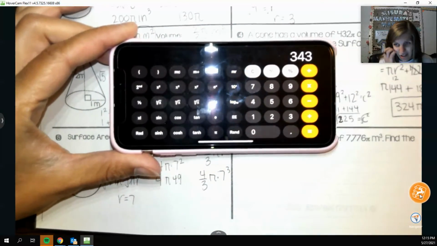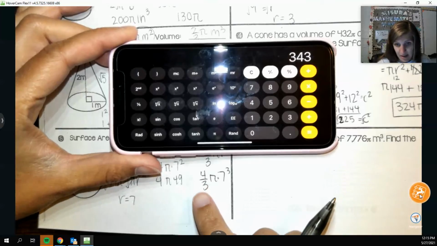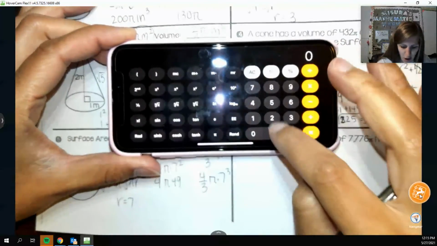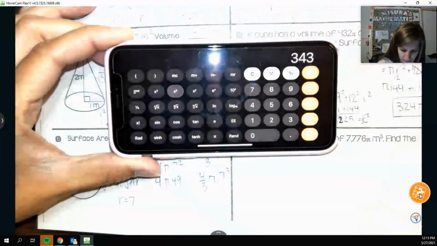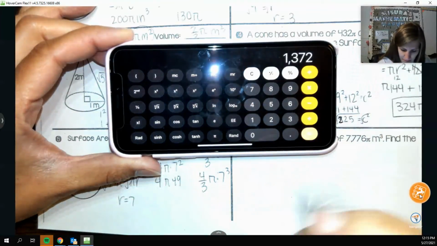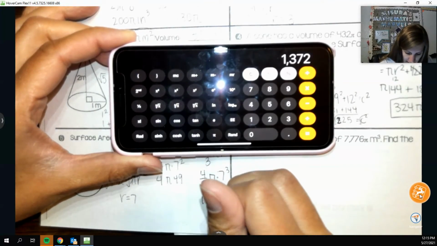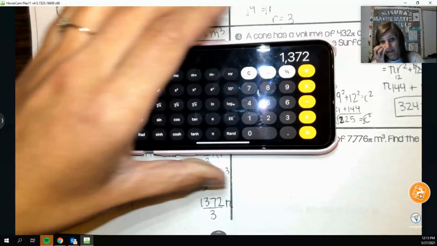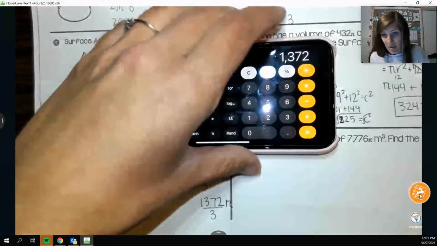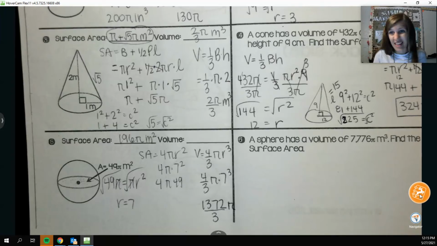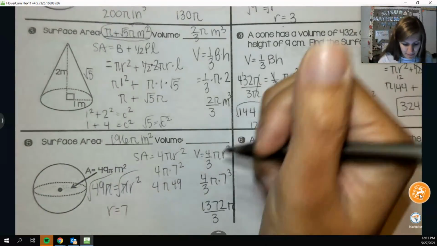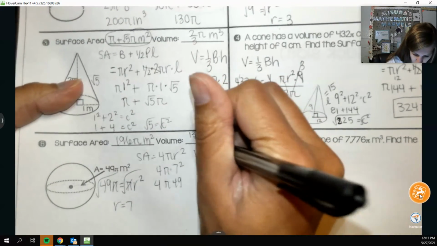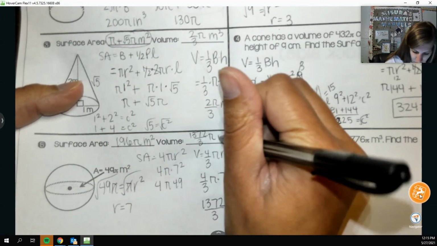Then I always try to divide that by 3 because we are dividing by 3, but if it doesn't go, then I go back to it. So 7 to the 3rd, and I times it by 4, and then I just leave it over 3. Now, if that initial number wasn't divisible by 3, when I multiply it by 4, it's not going to magically become divisible by 3. So the exact volume here is 1372 over 3 pi meters cubed.